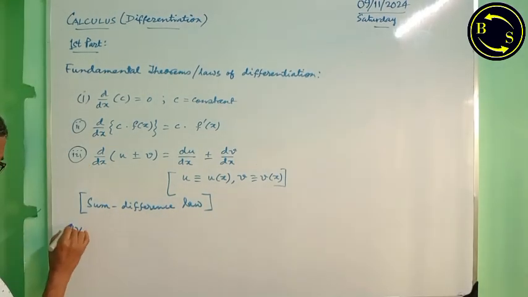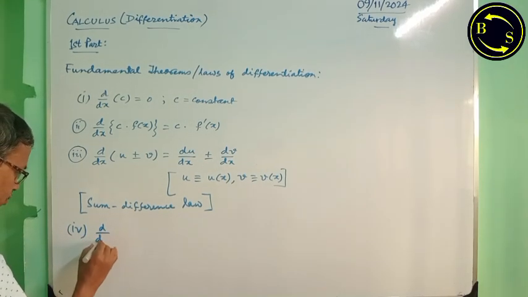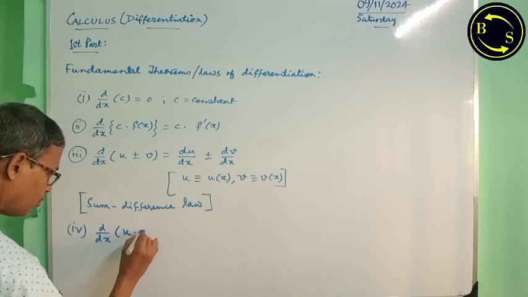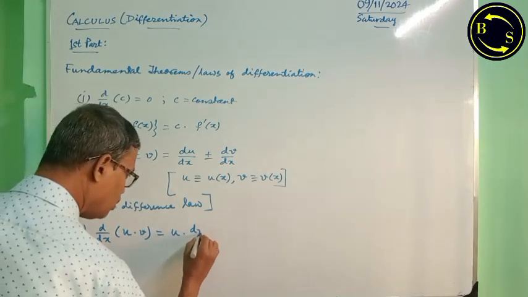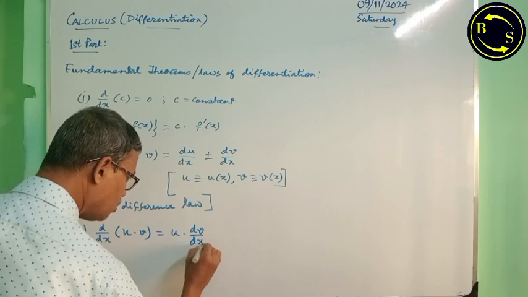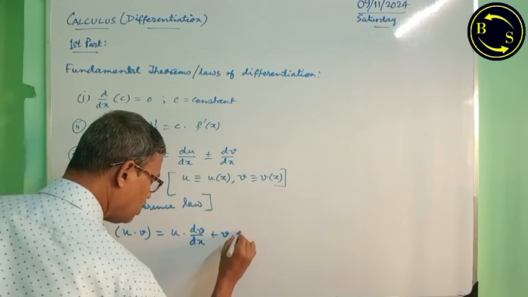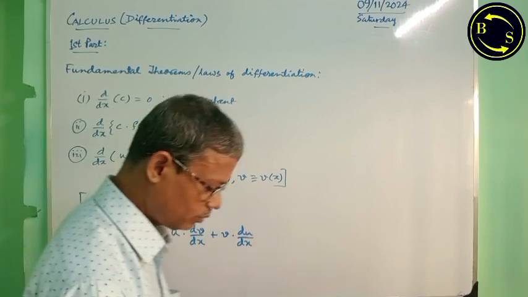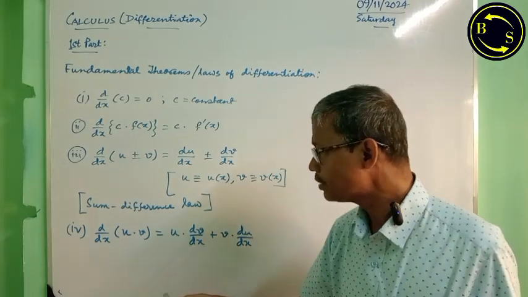Then we have d/dx of u v equal to u dv/dx plus v du/dx. u, v are functions of x.